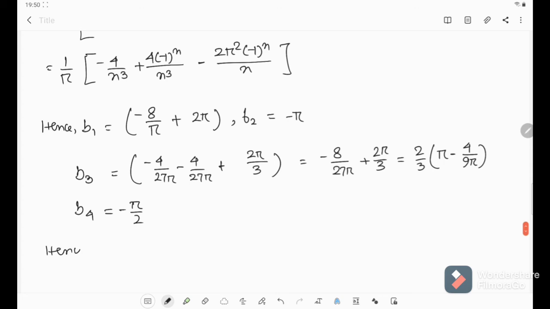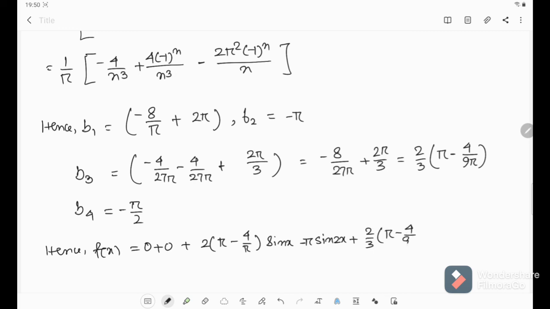Hence f(x) would equal to 0 plus 0, only sine terms will be there, so 2 pi minus 4 by pi sin x minus pi sin 2x plus 2 by 3 pi minus 4 by 9 pi sin 3x minus pi by 2 sin 4x, and so on.